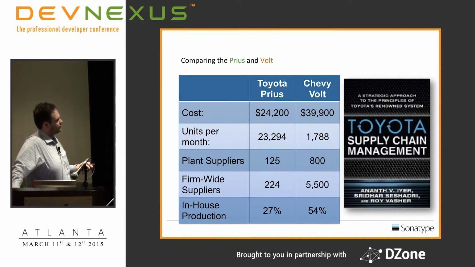But I find it somewhat shocking that they have only 125 suppliers for the typical plant versus Chevy having 800. Across the whole company, they have 224 different suppliers versus 5,500. And yet, even with that many fewer suppliers, they only have to build 27% of the raw components in their car. So they're exponentially taking more advantage of a better supply chain, right?